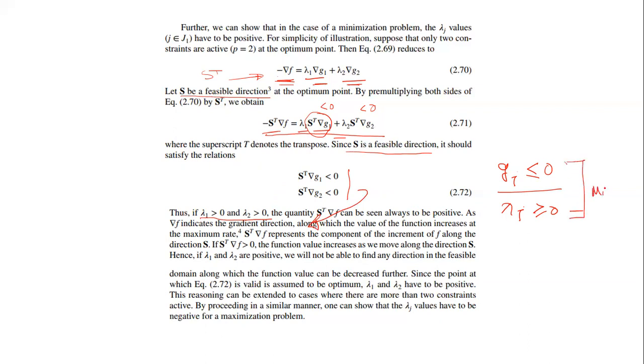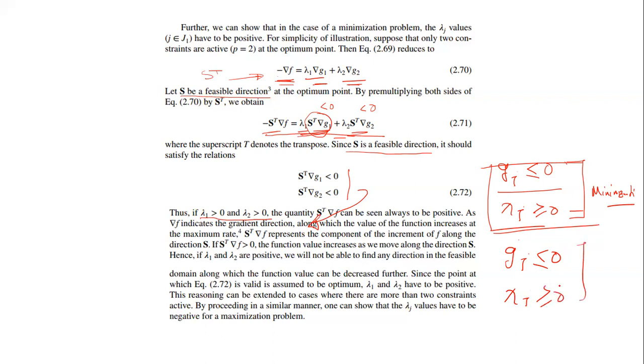Of course, you have to keep in mind this is for minimization. Now, if your constraints are reversed for the same minimization problem, having something like this, then to have a negative value here, your lambda values have to be greater than 0.